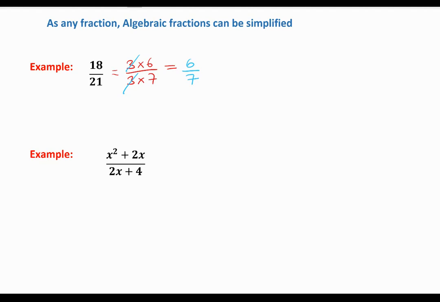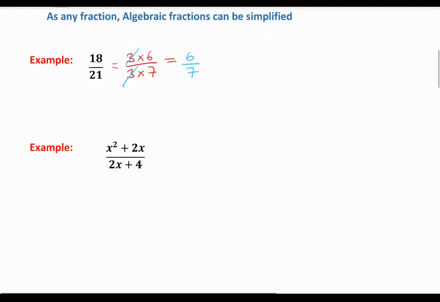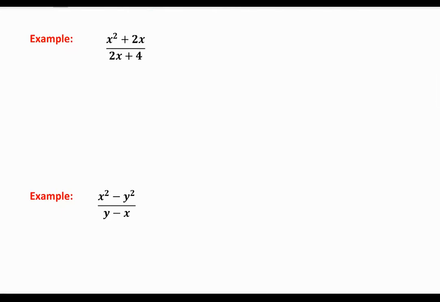How about if it's an algebraic fraction? We have this algebraic fraction here. We know factoring polynomials, so we will use it first and then simplify the fraction. How can I factor this polynomial? In the numerator, I can take x out of the parentheses, and inside the parentheses I have x plus 2.